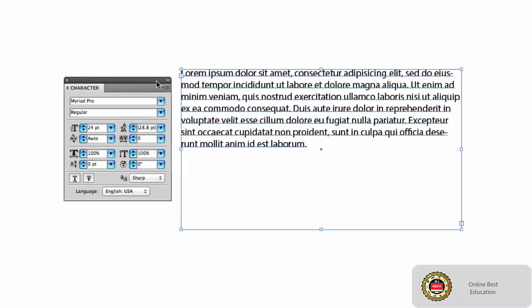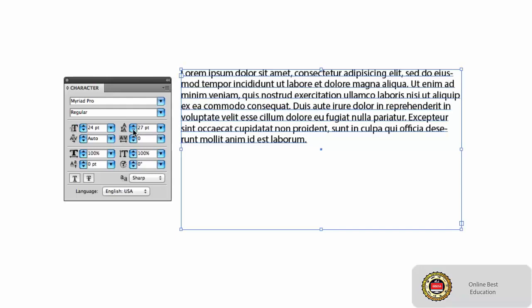The leading is the space between the lines of text inside the paragraph. So what I'm referring to is the space between all of these lines of text, the white space. I can adjust the leading using this option right here inside the character panel.